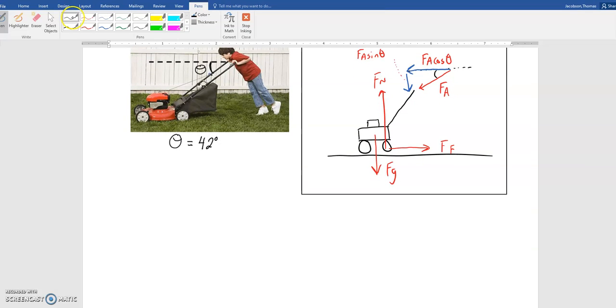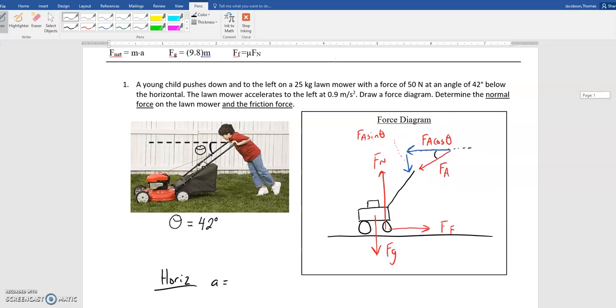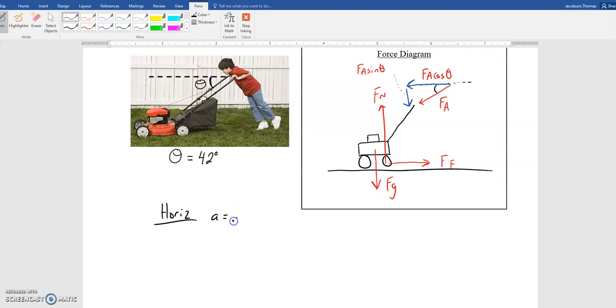I'm going to start off with horizontal forces. The object is accelerating, it says in the problem, to the left at 0.9 meters per second squared. I'm going to start off with F net equals m times a, and then I'm going to look at my force diagram and realize I have two horizontal forces: FF to the right, and FA cosine theta to the left.